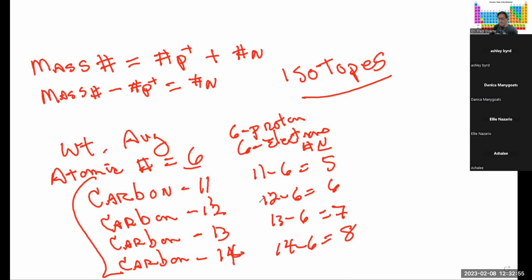About 12 and a half, exactly. It's like we did the earlier one. But in nature, they have a different percentage. I want to say off the top of my head it is about 98% of the carbon out there.